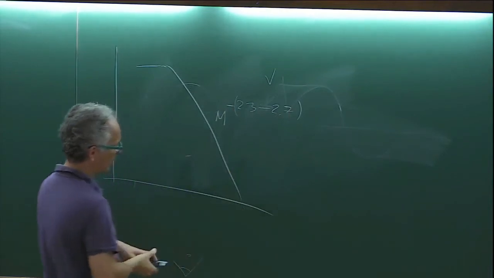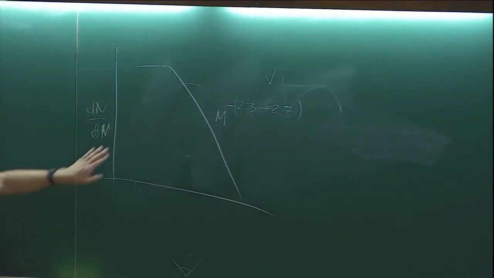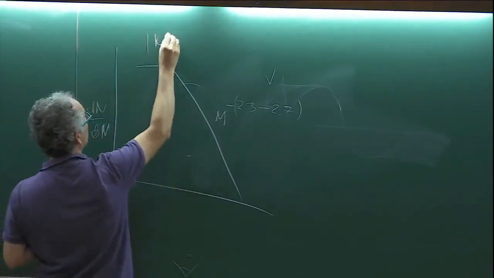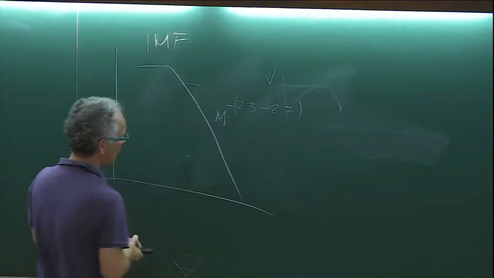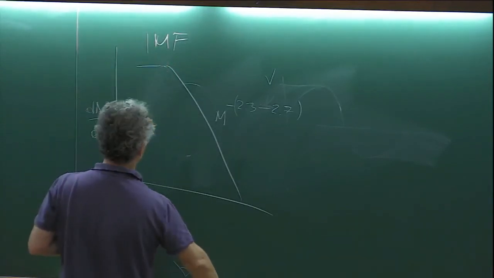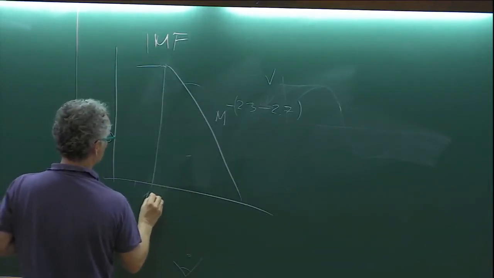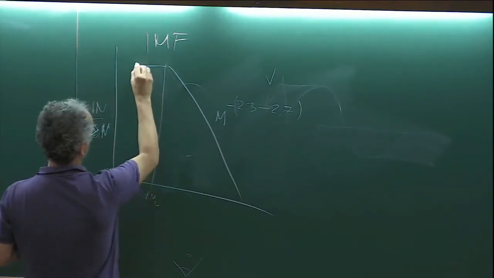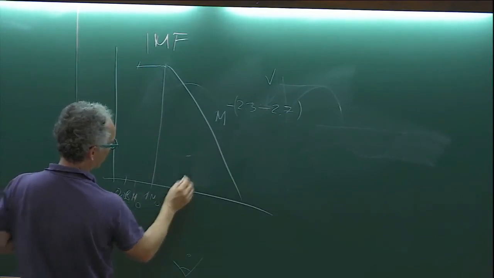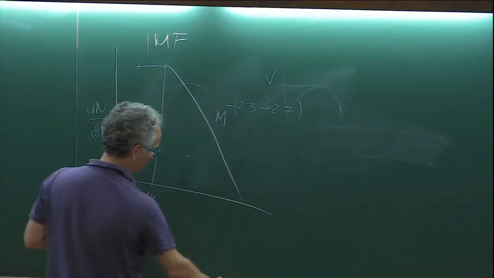So for single stars, the initial mass function, called the IMF, is very steeply falling. This is about 1 solar mass, and this is 0.08 solar mass. And then it goes down very quickly. So there are many more low mass stars than high mass stars.